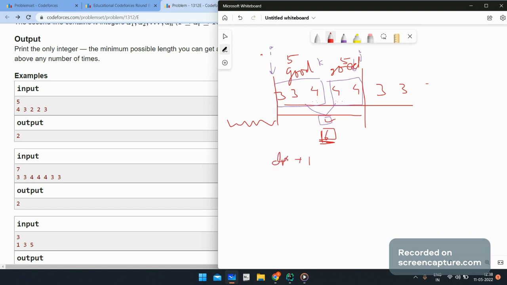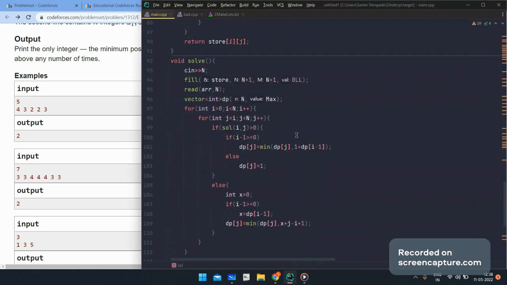DP of i minus 1, DP of j, take the minimum, and this will become DP of j, if and only if i to j is good. Then only can I do this operation. Else, we just add that many elements to the answer, the length of that segment. This is very straightforward.